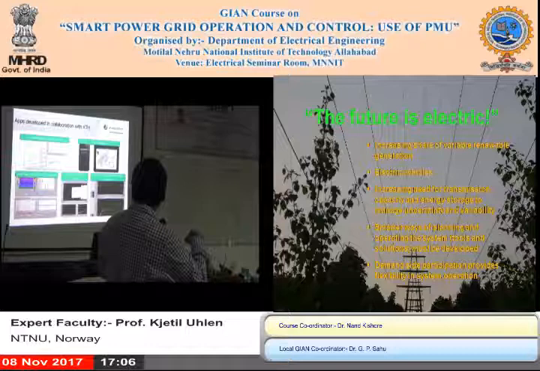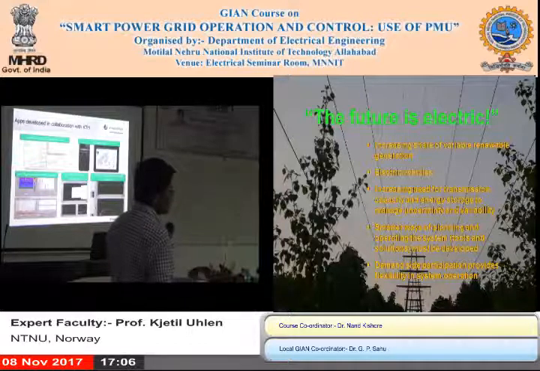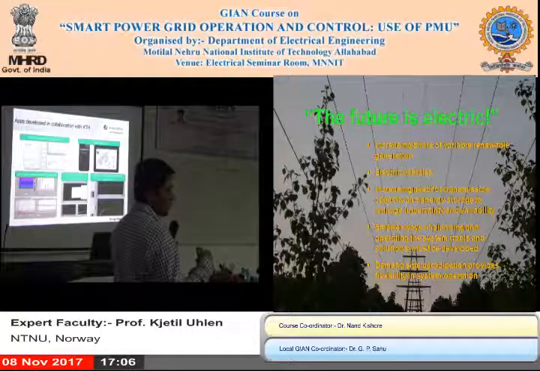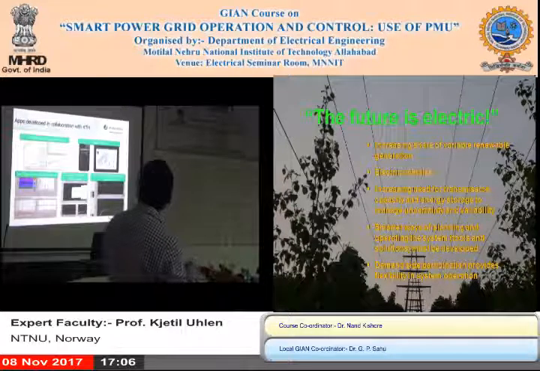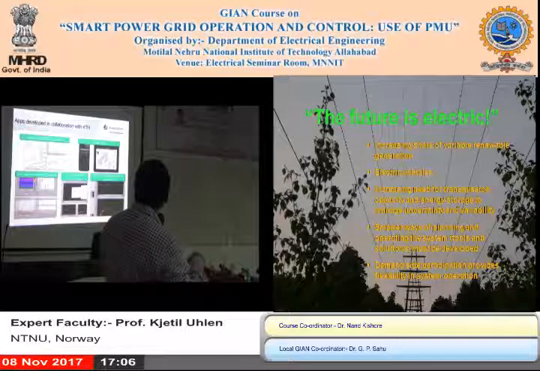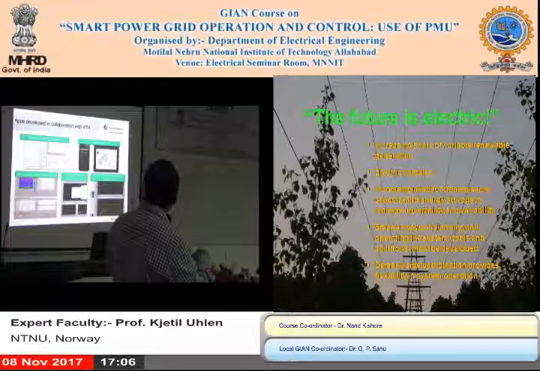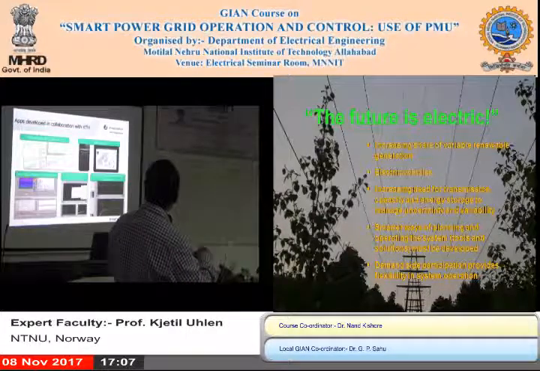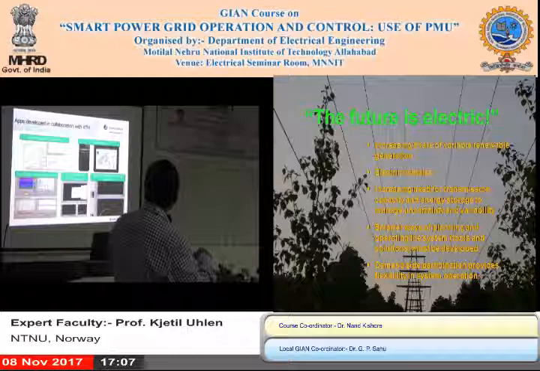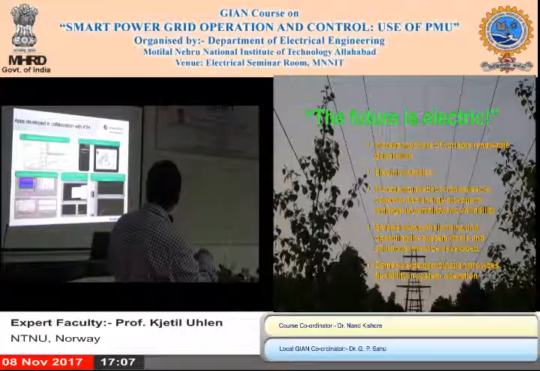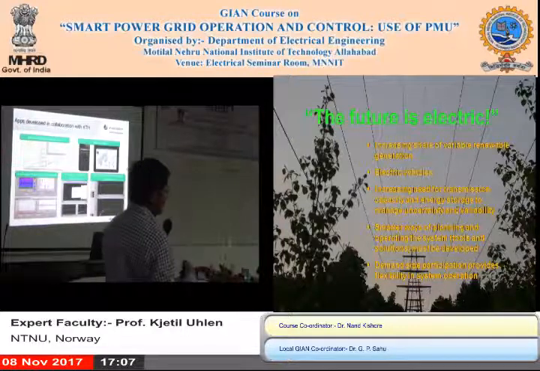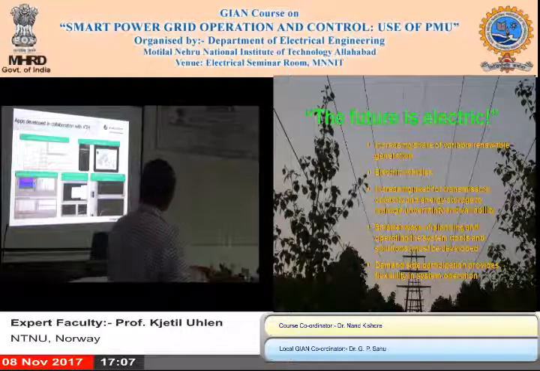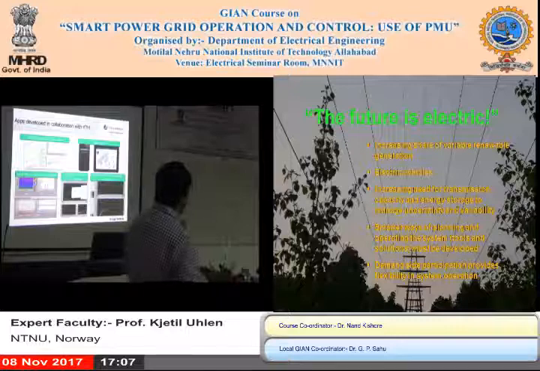So from here we can know what is the most sensitive frequency of oscillation. And because we have several PMUs installed in the Norway grid, it is possible that with the use of the PMU signals from this point, the phase of oscillation can be monitored. So that is how they worked on the development of the visualization toolbox out of the project.